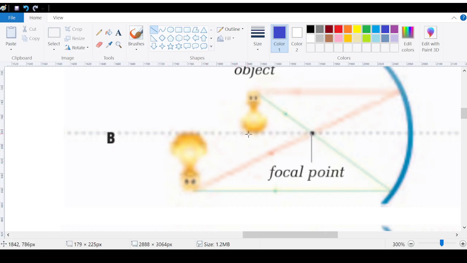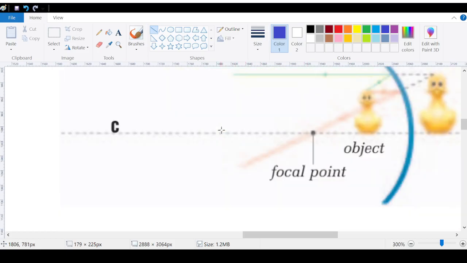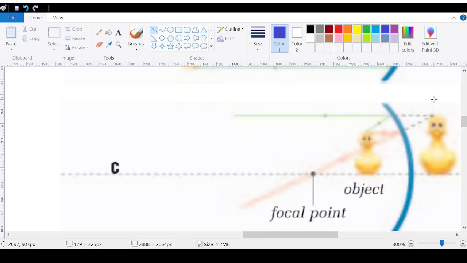That happens when the object is close to the focal point but behind it. And then you can also end up with an image that is larger than the object and upright. That happens when the object is in front of the focal point. And then finally you end up with no image at all when the object is right at the focal point, which you can experience for yourself with a curved makeup mirror.